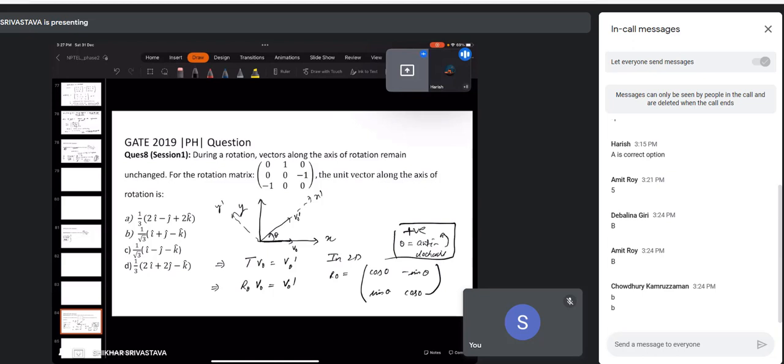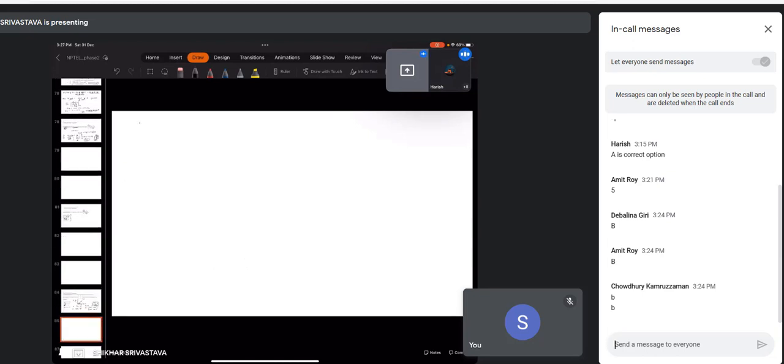Some of the properties of this rotation matrix are: the first property is that they are square matrices. Number of rows and number of columns are the same, n cross n. They are orthogonal, so R transpose R is the identity matrix, and their determinant is always equal to plus or minus 1, unity.